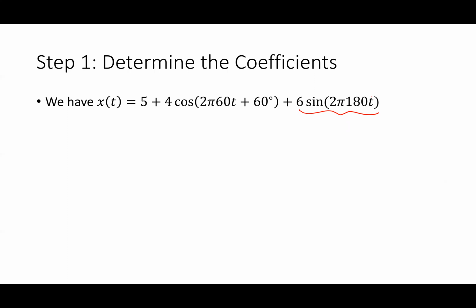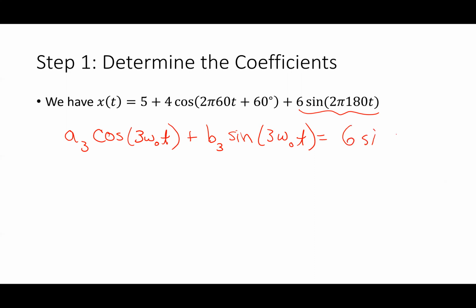Yeah, it's the A cosine B sine form. So I think of it this way: A3 cosine 3 omega naught t plus B3 sine 3 omega naught t is equal to 6 sine 3 omega naught t, because omega naught, we said, was 2 pi 60.